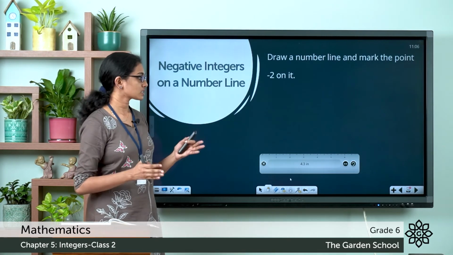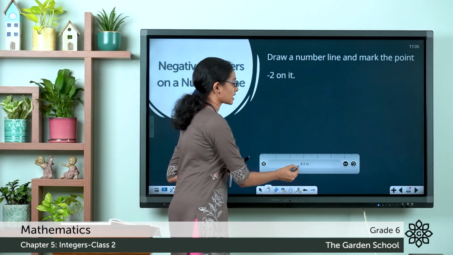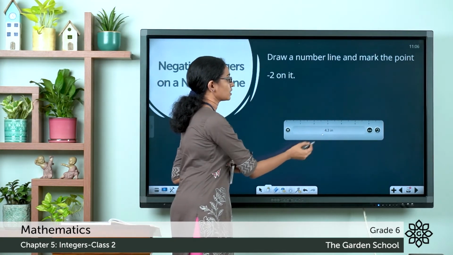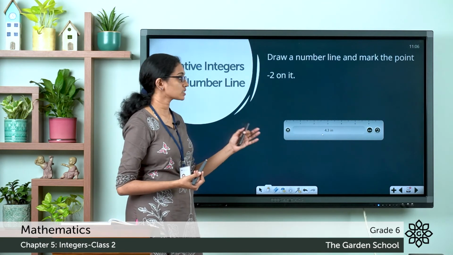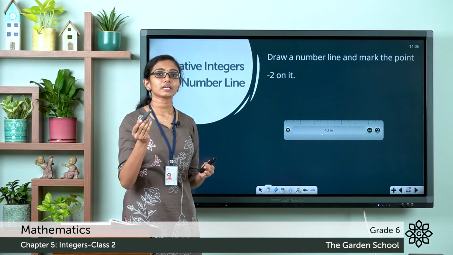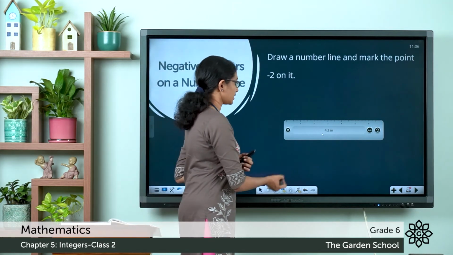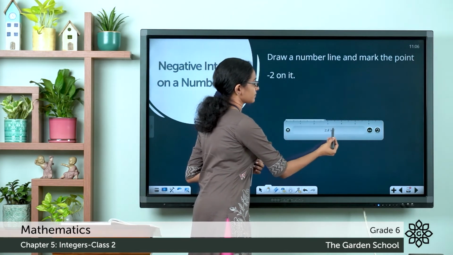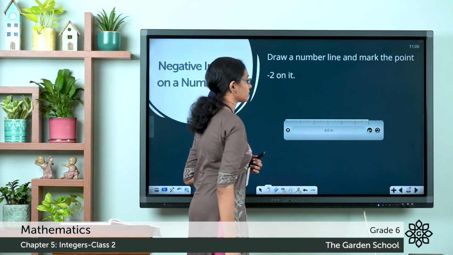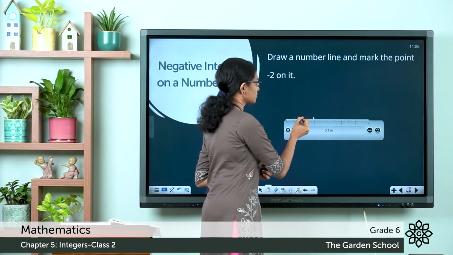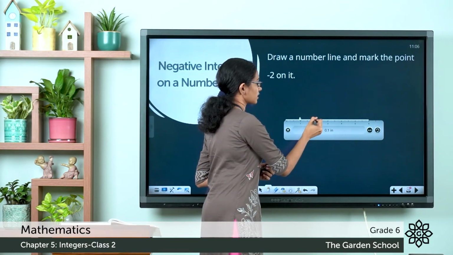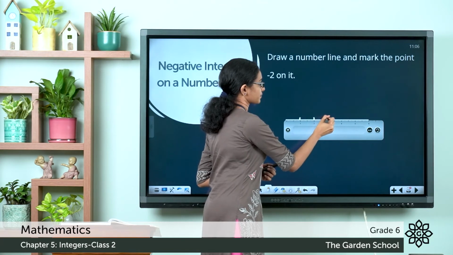Place your ruler straight, draw a line using the ruler and pencil, and mark equal intervals on it.